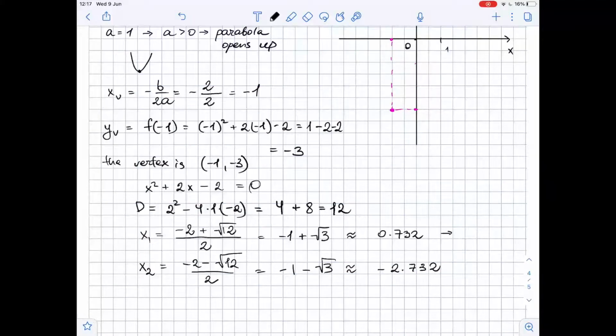So now we have 2 points. The first one is 0.732 and 0, and the second one is negative 2.732 and 0.